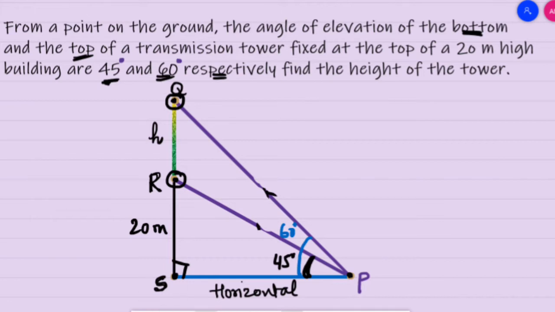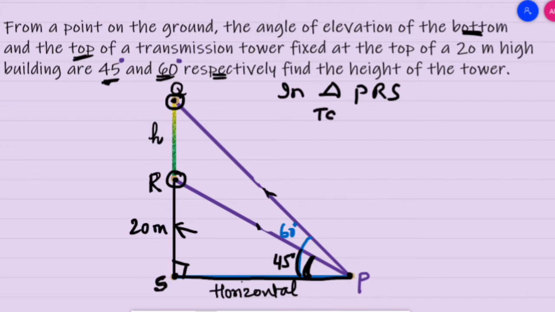Now children, see, from here you consider triangle PRS. In triangle PRS, you know the value of the opposite side and PS is your adjacent side. So opposite side by adjacent side, that is O by A, will give you tan of the angle.